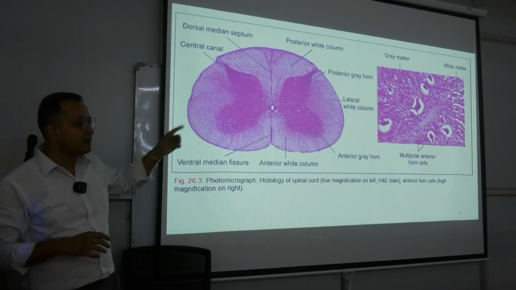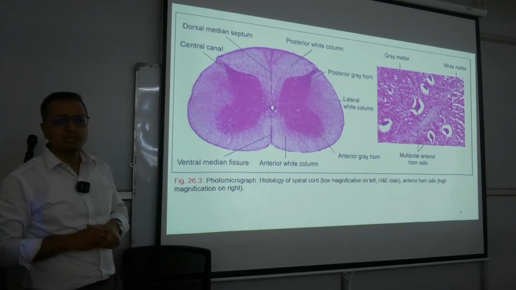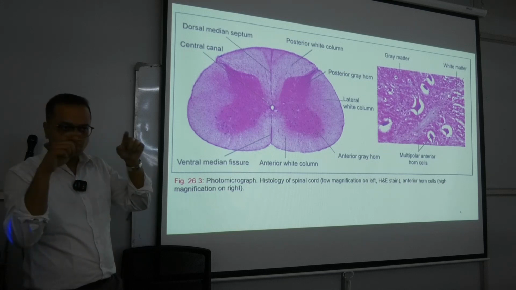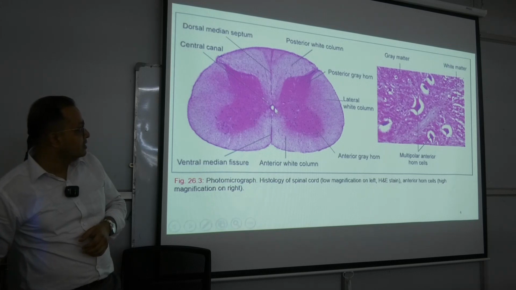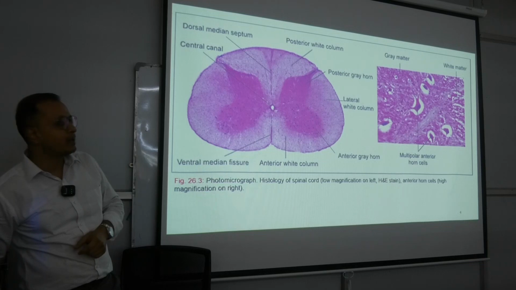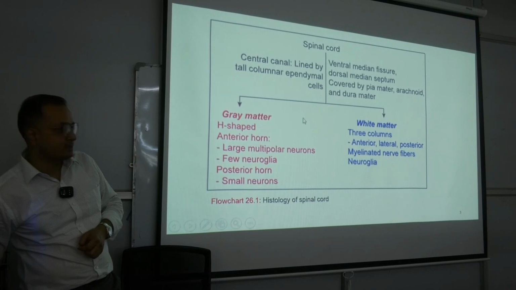Now, this central canal, the majority of the time, looks diamond shaped, or kind of square shaped, rather than a circular canal. Whenever you are seeing this microanatomically in the microscope, the central canal is not exactly circular, rather it has a diamond pattern, like a rhomboid shaped structure.